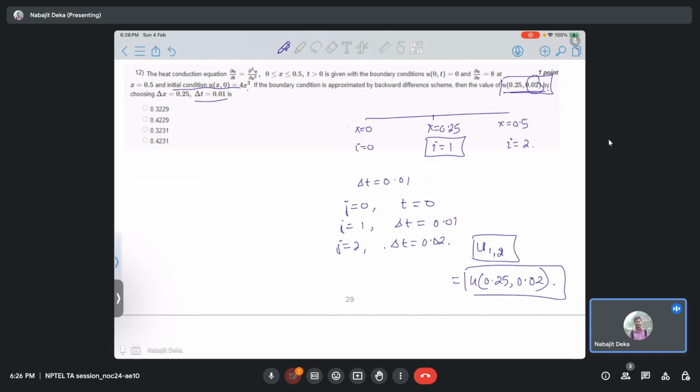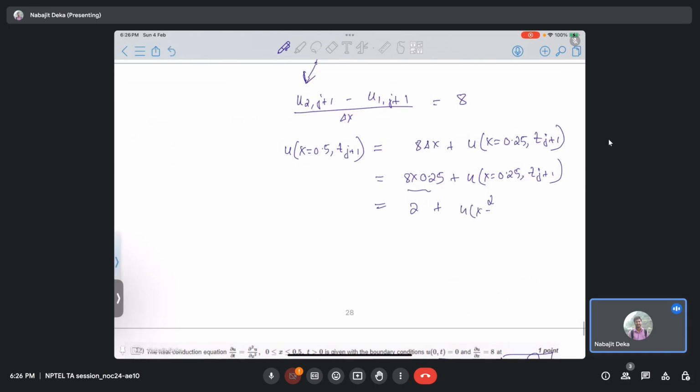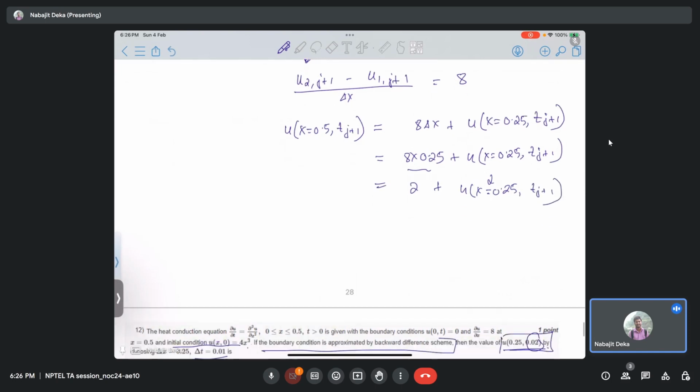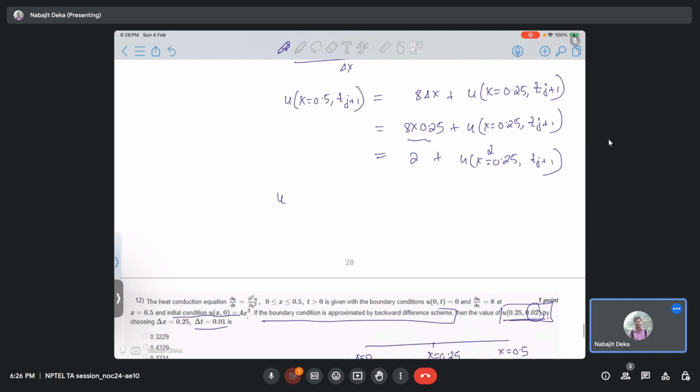Okay, so now the boundary condition has to be approximated by the backward difference scheme. So what we had is this is the boundary condition that we had. So effectively we can represent it like x equal to 0.5 is i equal to 2, so u2 comma j is 2 plus u1 comma j, where i equal to 1.